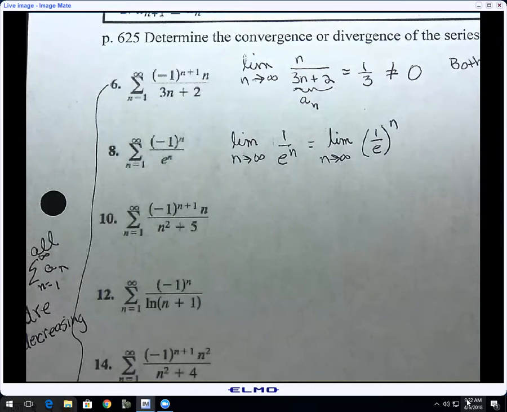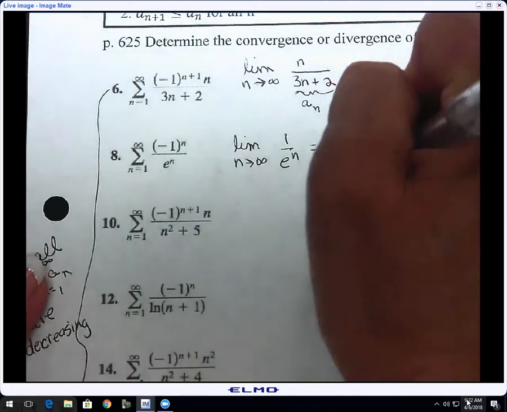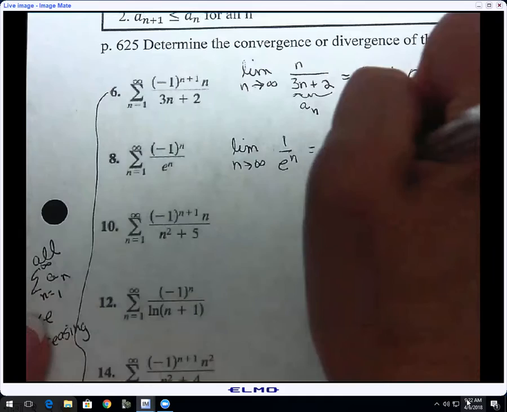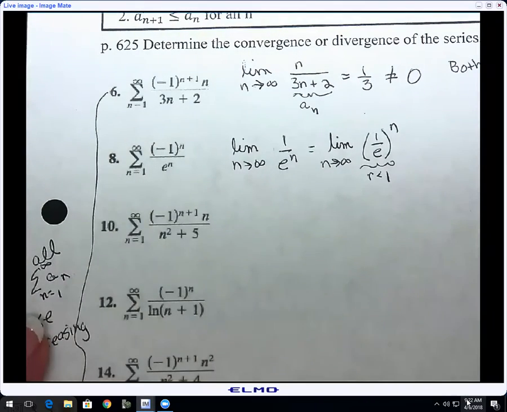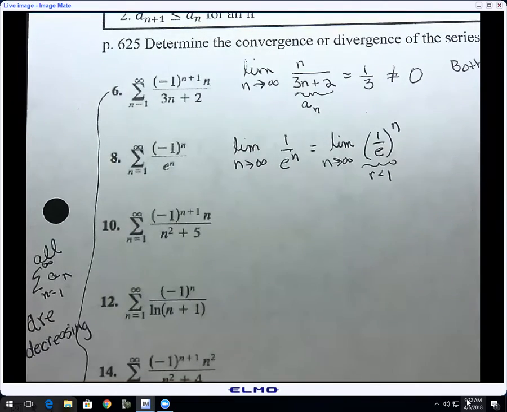A geometric series where the r, what about that r? It's less than 1. That's about 1/3. So that's less than 1. And what do we know about a geometric series where the r is less than 1? It converges. What's this limit? 0. Yeah.